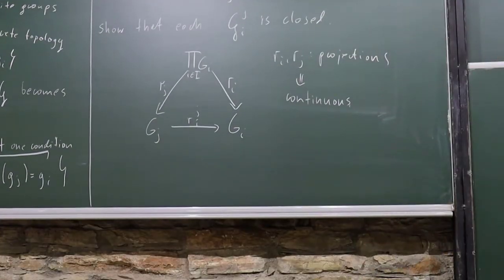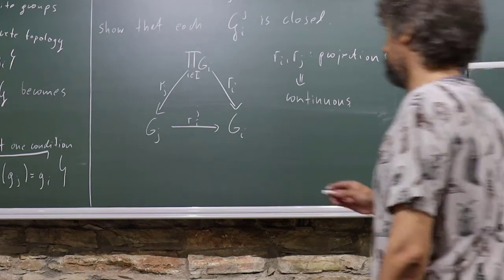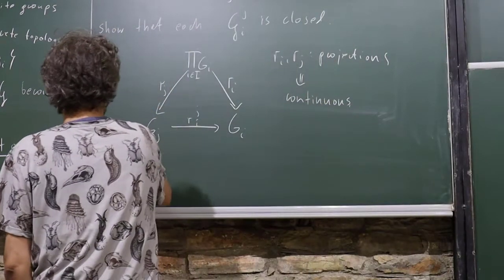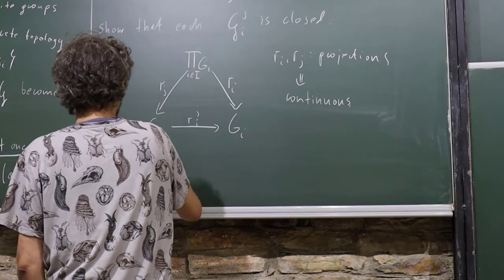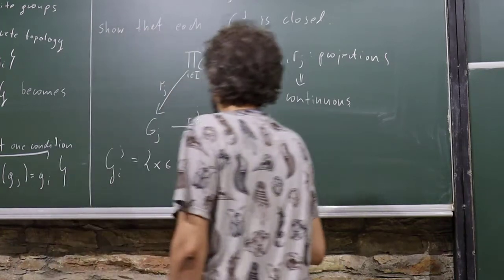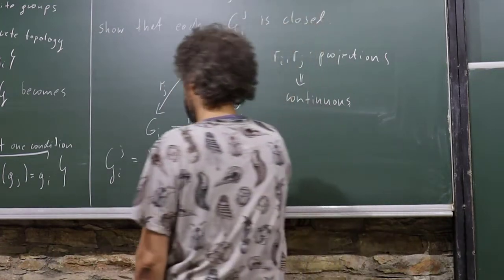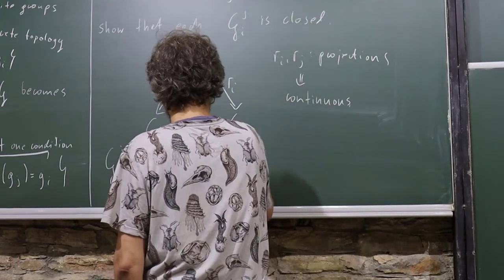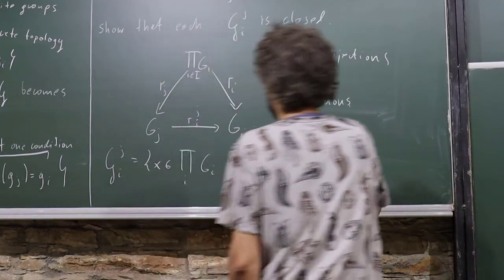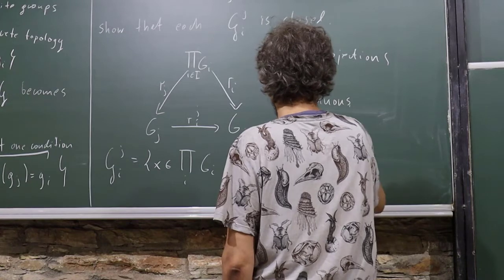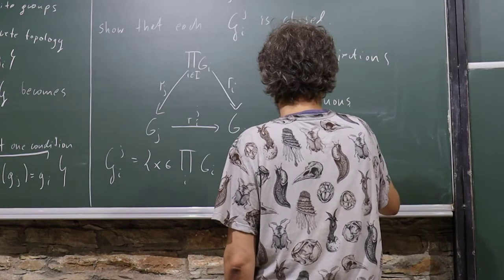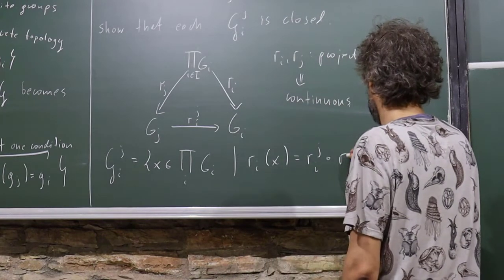Okay, so we are actually looking at all these elements. So G_ij is the set, now I don't write it in coordinates or x's here, such that R_ij x composed with the projection to j equals the projection to i.